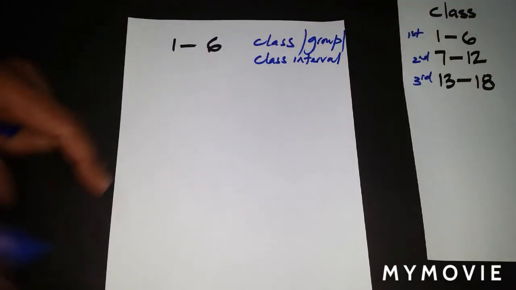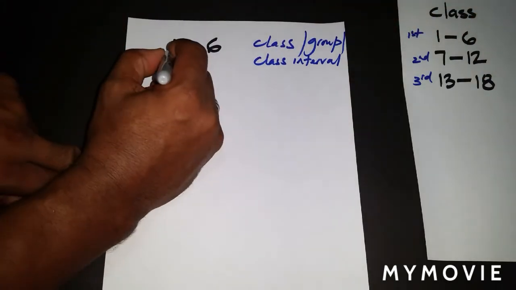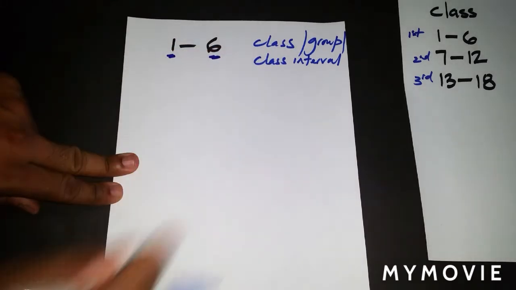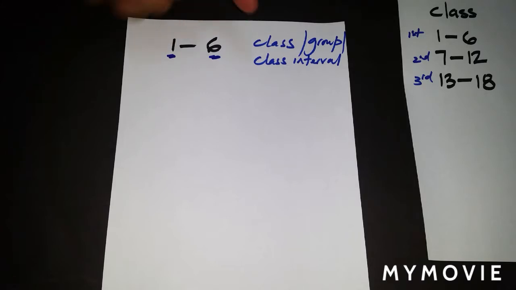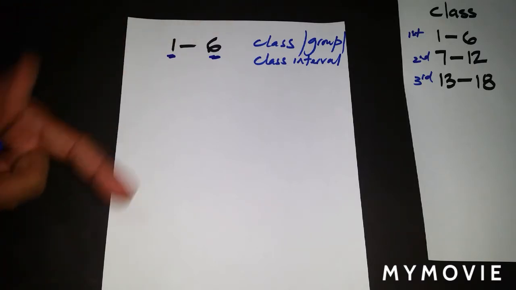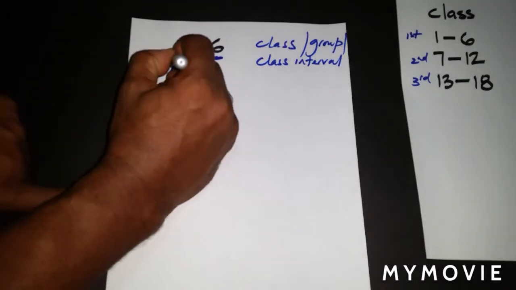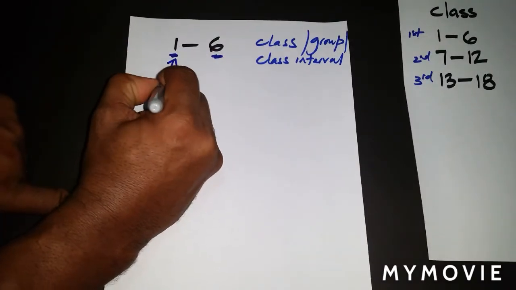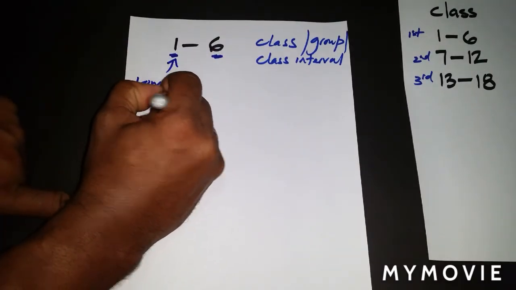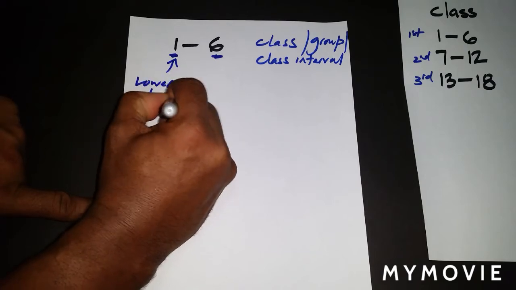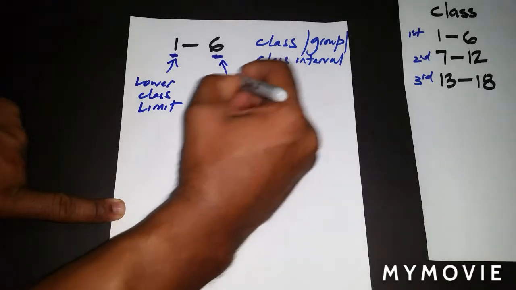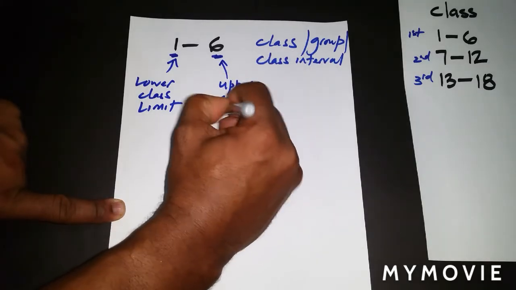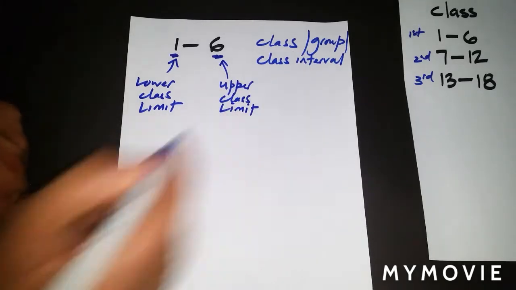Now the next thing is that these are class limits for the first class. So 1 and 6 would be class limits for the first class. This here would be the lower class limit for the first class, and obviously this would be the upper class limit for the first class.